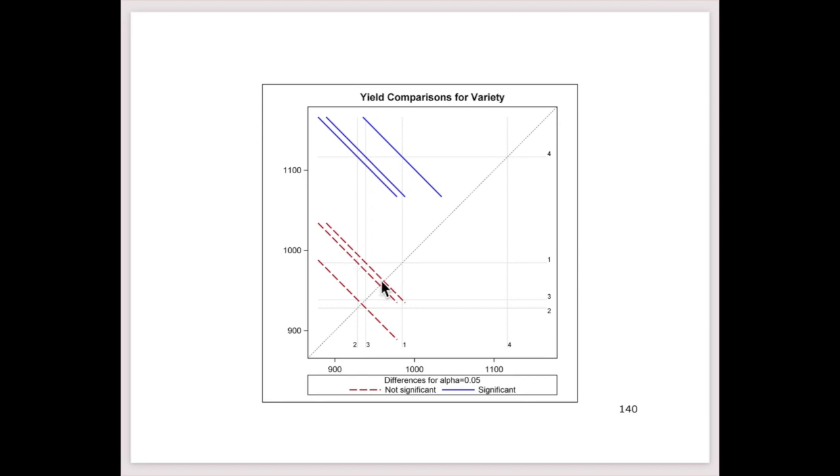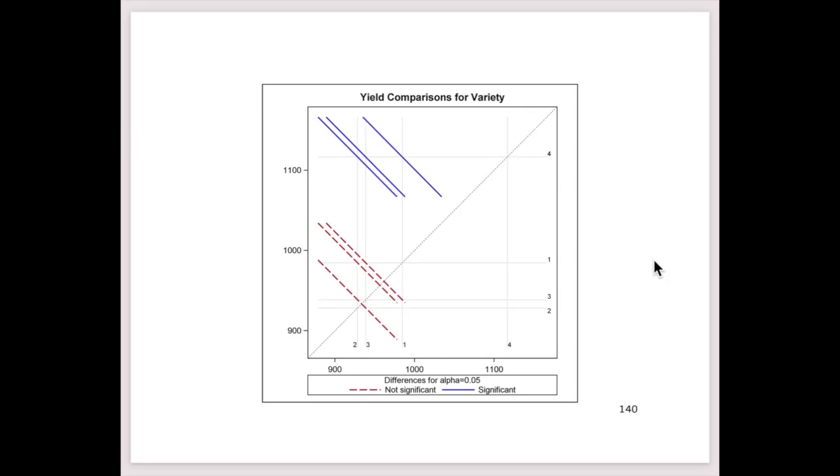These red dashed lines all intersect the equiangular line, so we conclude that these are non-significant differences. We would conclude that mu1 and mu3 are not different, mu1 and mu2 are not different, and mu2 and mu3 are not different. So this is a really nice graphical array to show the results of all those different comparisons.